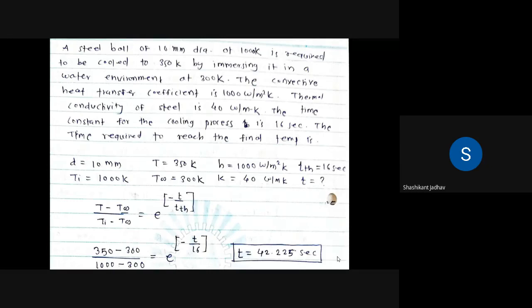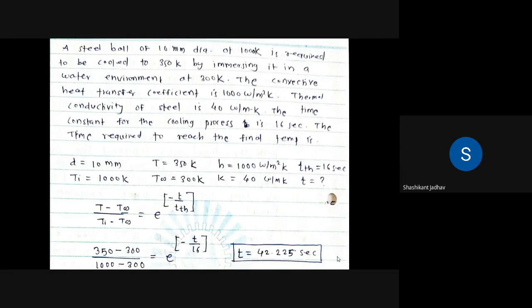Then take the log on both sides; log and e are opposite, so they cancel. On the right hand side only minus t divided by 16 remains, and from that we get small t, which is 42.22 seconds.